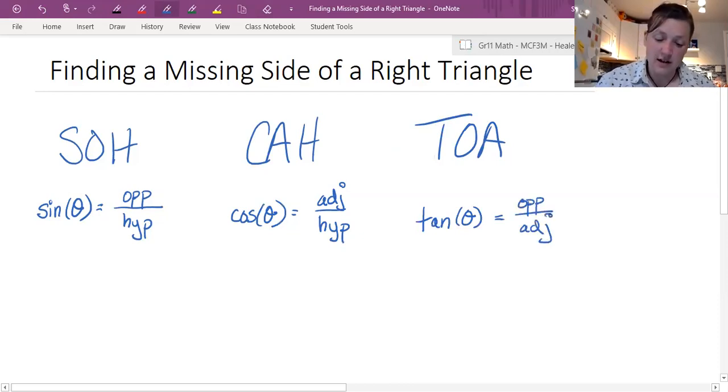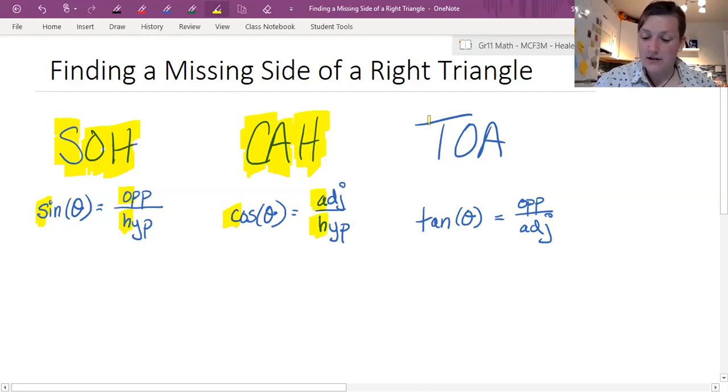So you can see here, SOHCAHTOA, the S is for sine, the O is for opposite, the H is for hypotenuse. Same with CAH, C is for cosine, A is for adjacent, H is for hypotenuse, and TOA, T is for tan, O is for opposite, A is for adjacent.